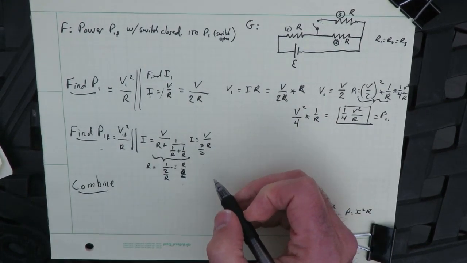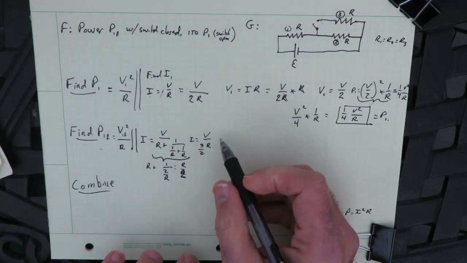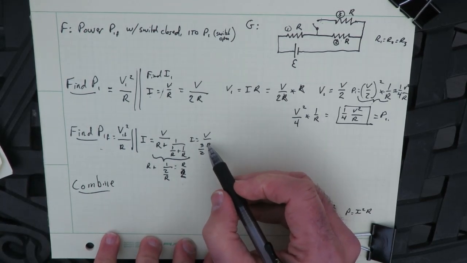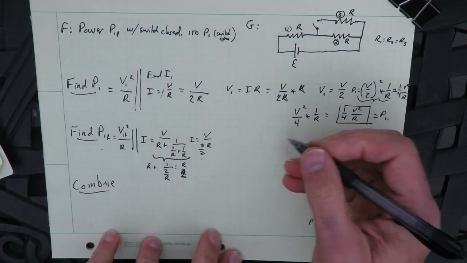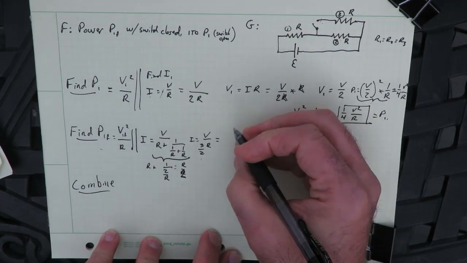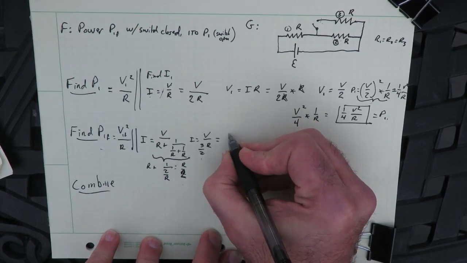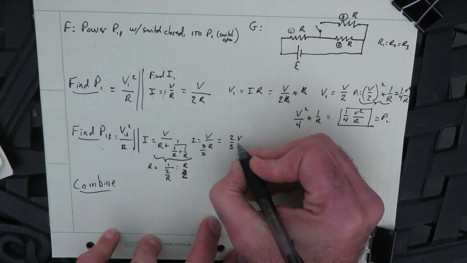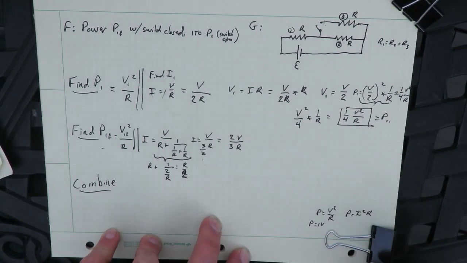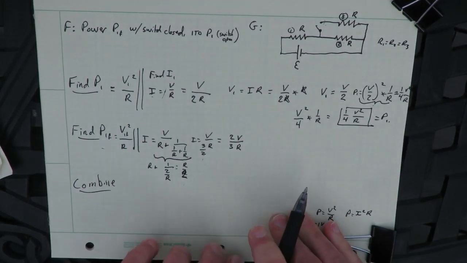So the current coming out of the battery is equal to the battery voltage divided by 3/2 R. And we can simplify that further and say that it is equal to 2/3 V over R. Okay?